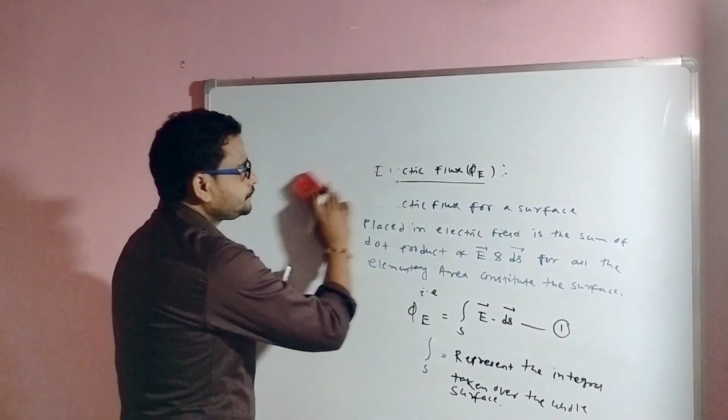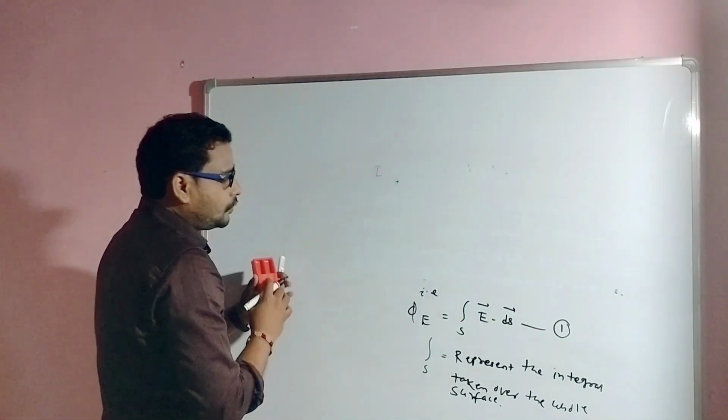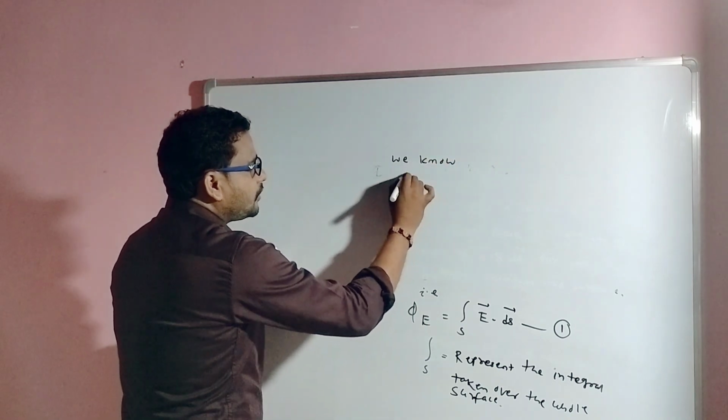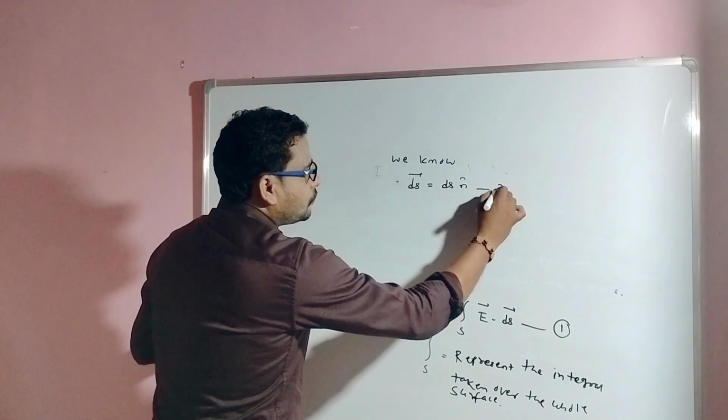Okay, then we know ds vector is equal to ds into n cap. Give equation number 2.